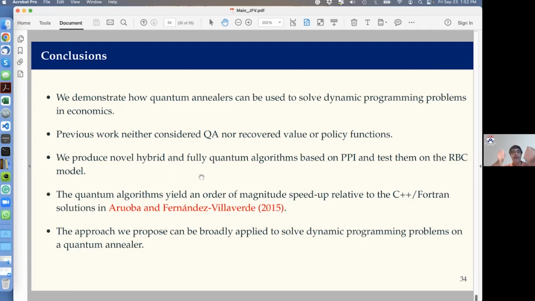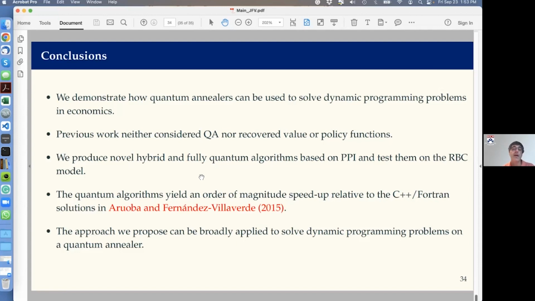The quantum annealer finds the values of those binary variables that minimize the Hamiltonian. You return them back, and then you have your very good solution. And I have shown you that that solution is very accurate, both with respect to the original PPI run on a classical computer and with respect to a standard value function iteration also run on a classical computer.